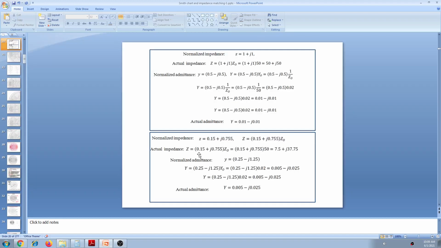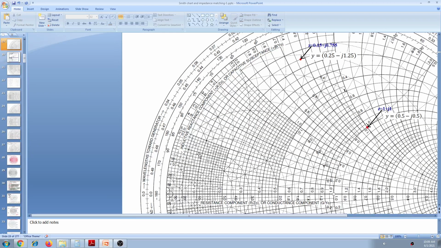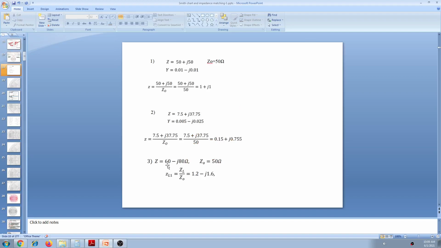Now impedance value z is equal to 60 minus j80 ohm. What is the admittance of this? Again, we have to do 1 over z. That again takes time and all.